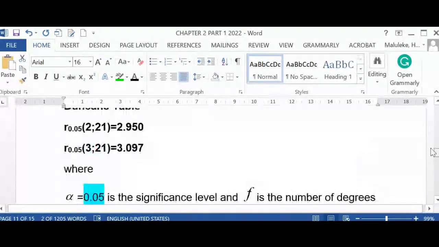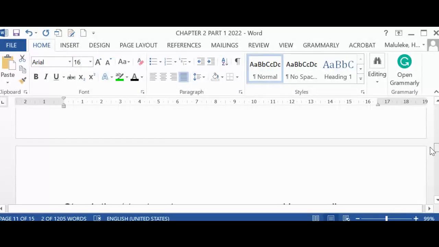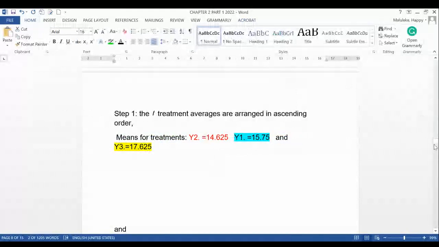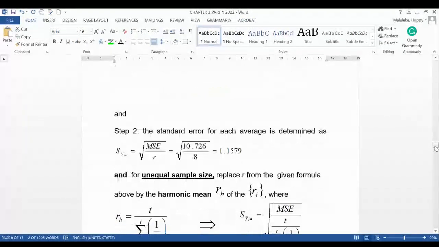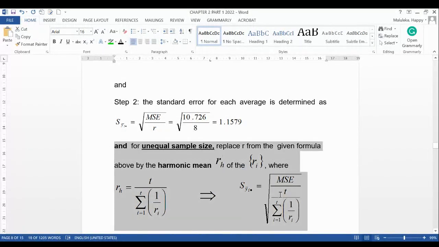You have to first calculate what is called the harmonic mean. Here is the standard error for when the problem is not balanced.